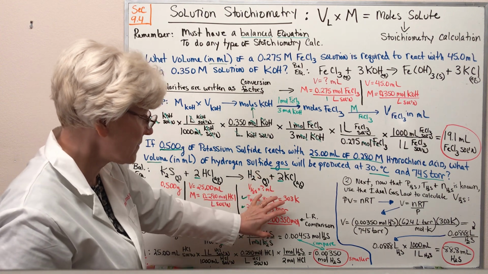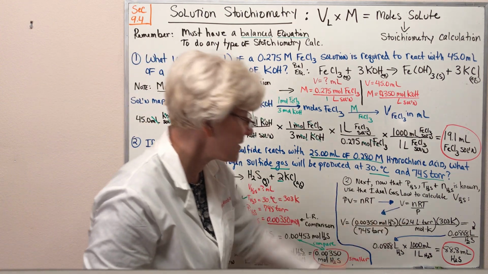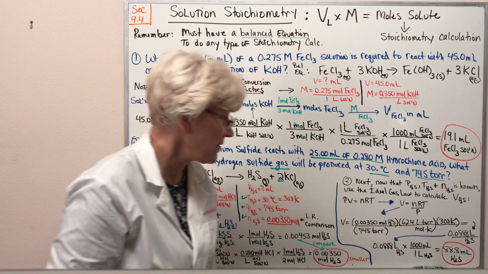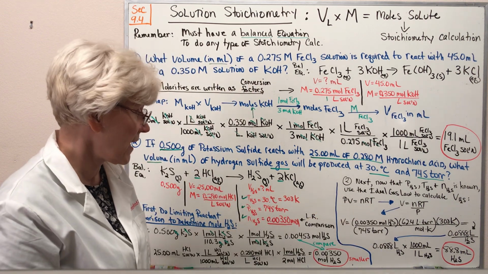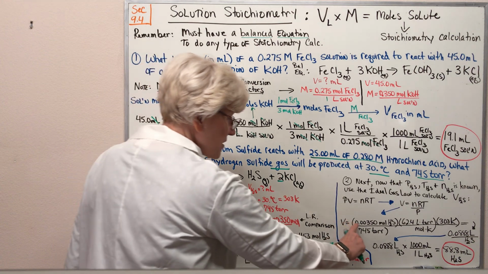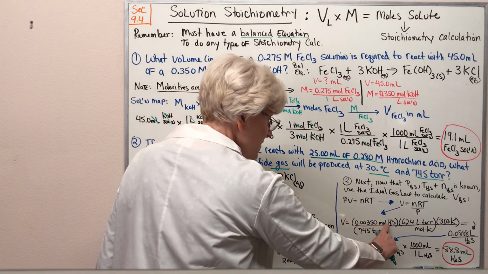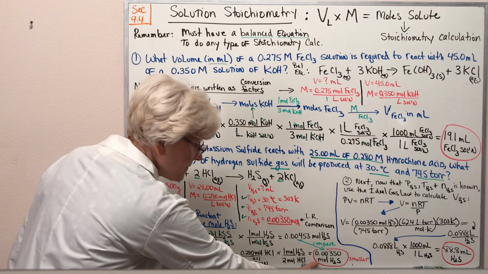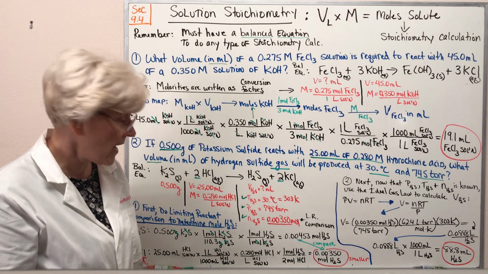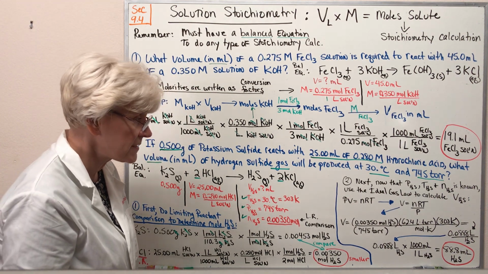Taking the data that has been listed, plugging it into the equation, and chugging through to calculate our answer. Our mole amount is 0.00350 moles of hydrogen sulfide. We just determined that mole amount from our limiting reactant comparison.